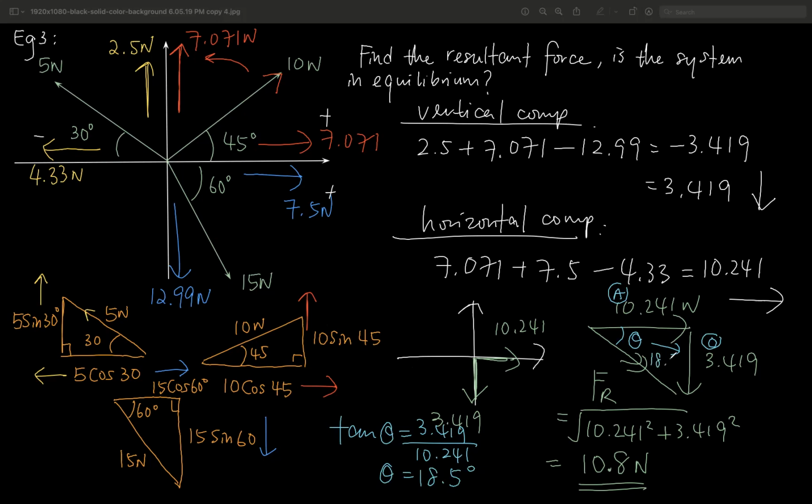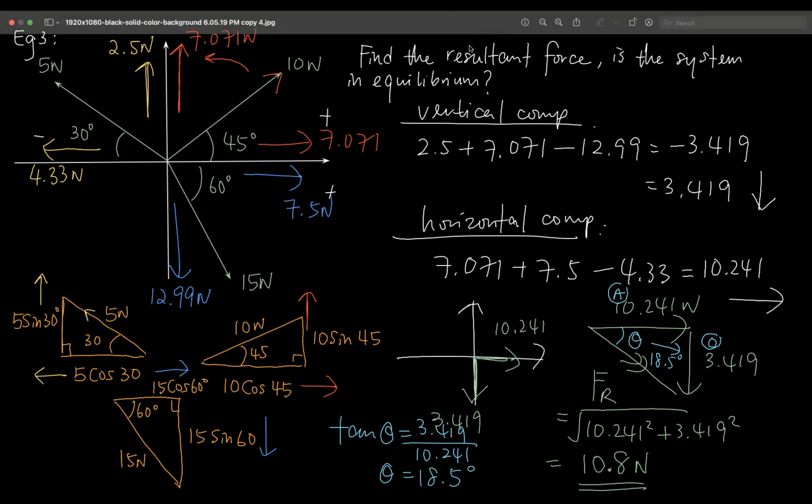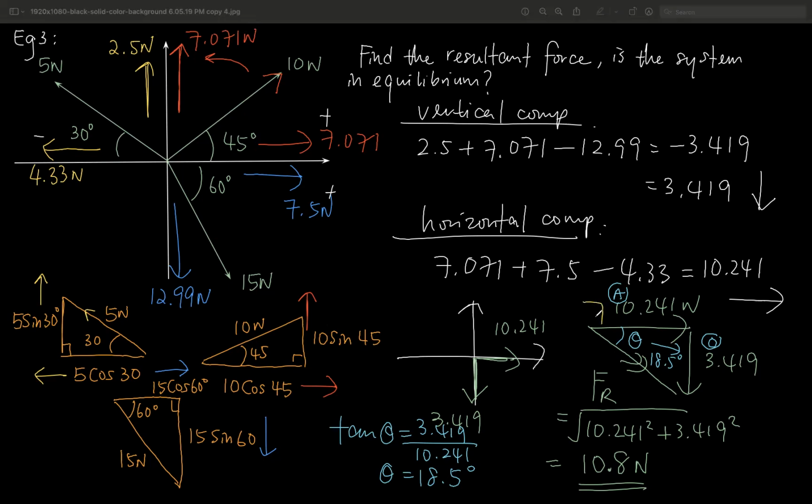Okay, from this 18.5 degrees, now if I want you to plot it in the origin diagram, where is it? Where is my net force? The angle of 18.5 is measured from this axis, right? This is the x-axis. So that means your resultant force is over here.